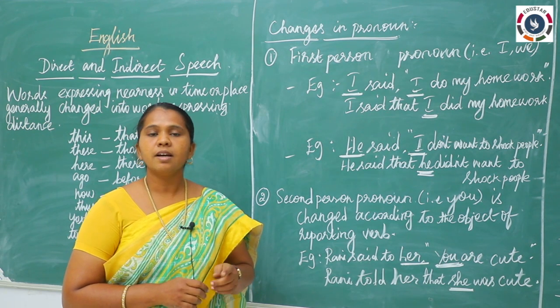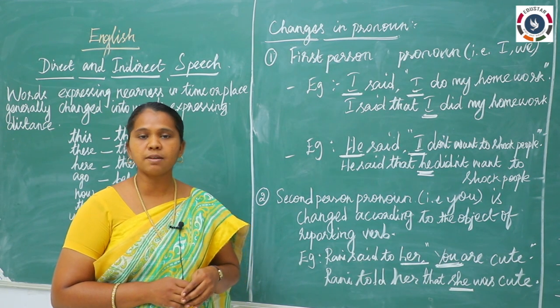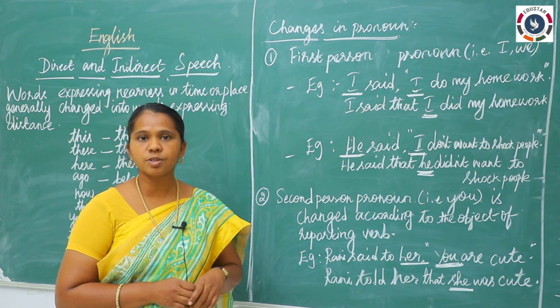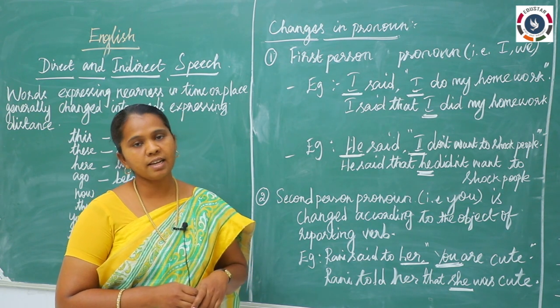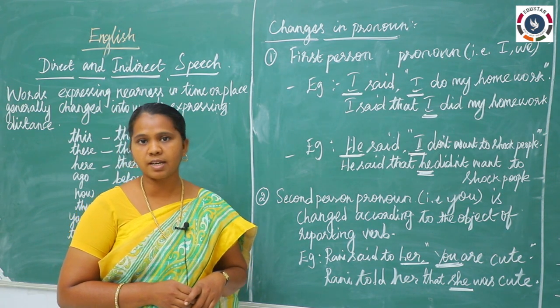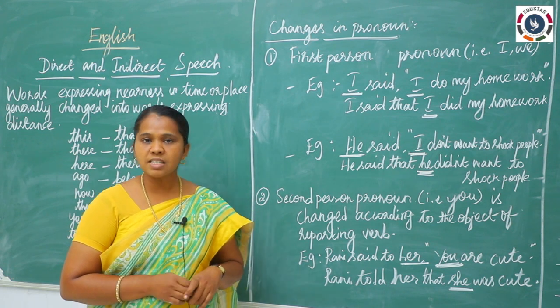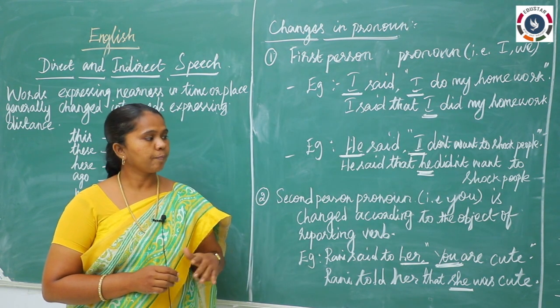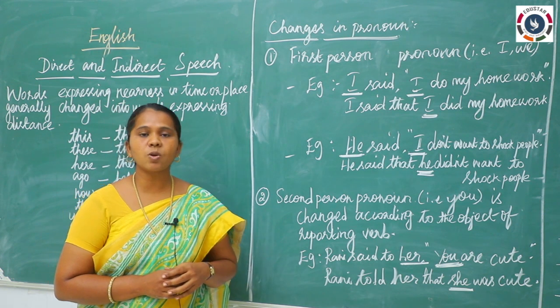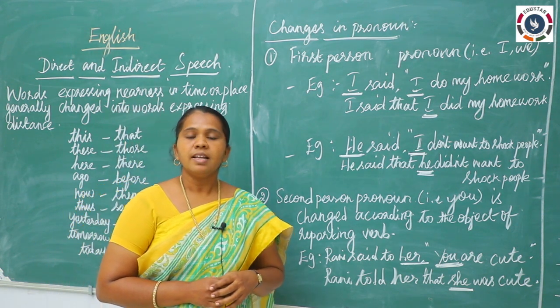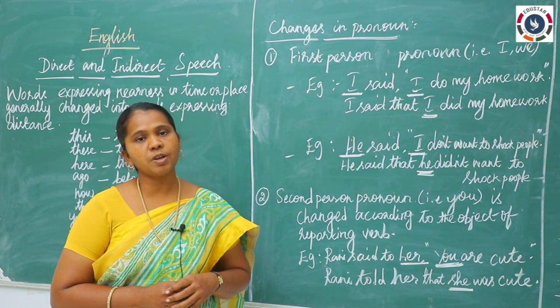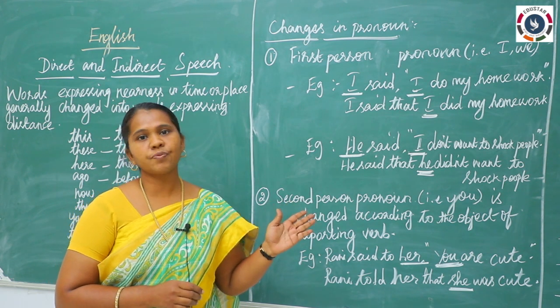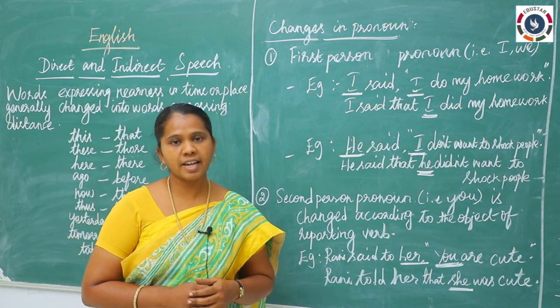Fourth point is to remove the comma and the quotation marks before converting into indirect speech. Then the fifth point, the pronoun must be changed. Sixth point, the tense form must be changed. And the time and place concept must be changed. Let me meet you in the next video with the tense form changes. Thank you so much.